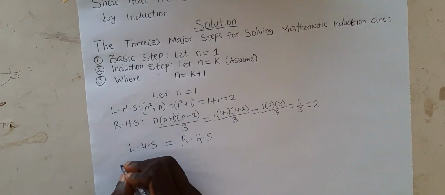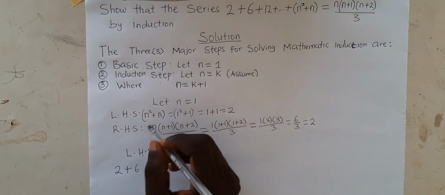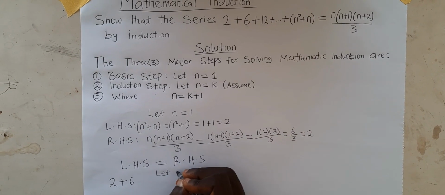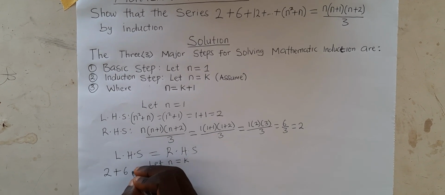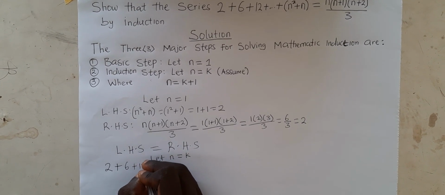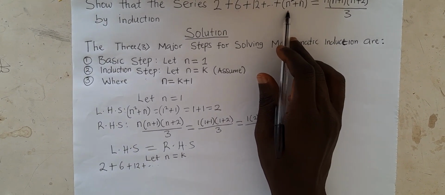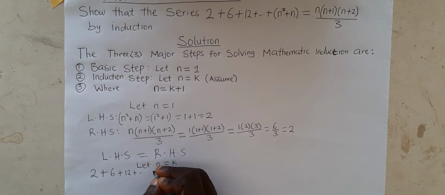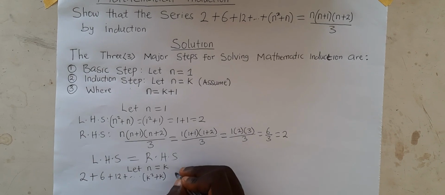So here I have 2 plus 6. Okay, the second step, sorry, is to let n equal k. So here I have 2 plus 6 plus 12 plus up to, now I'm replacing n here with k, so here we have k squared plus k, close the bracket, equals to.